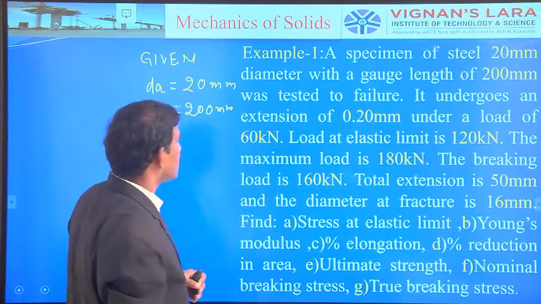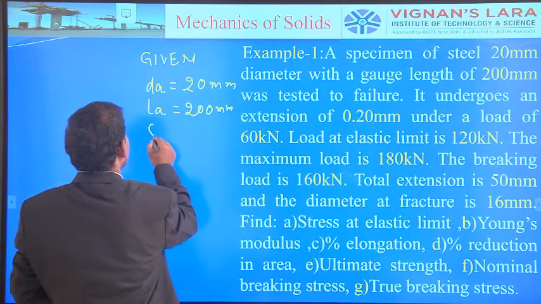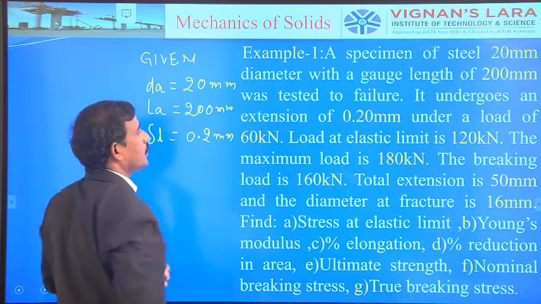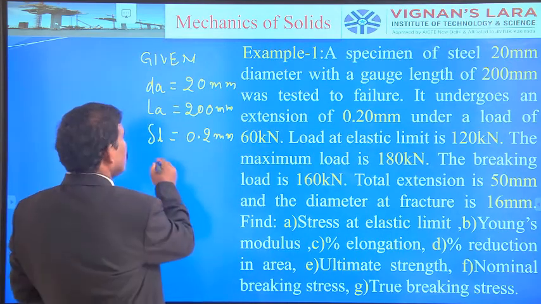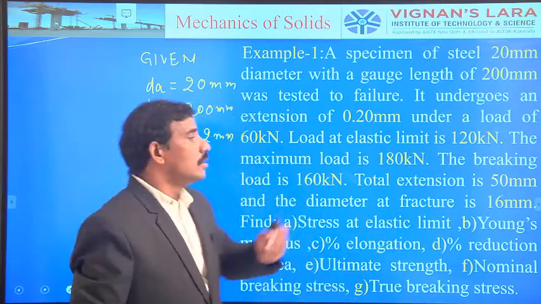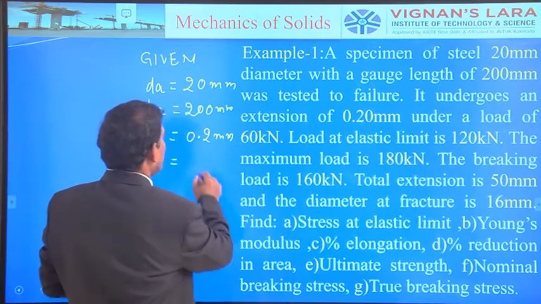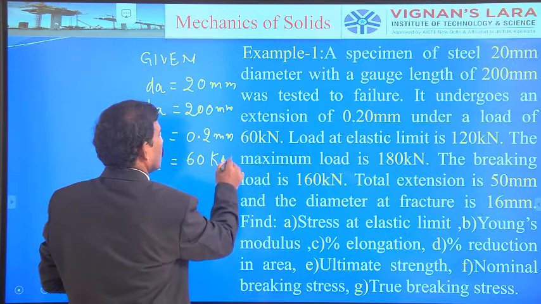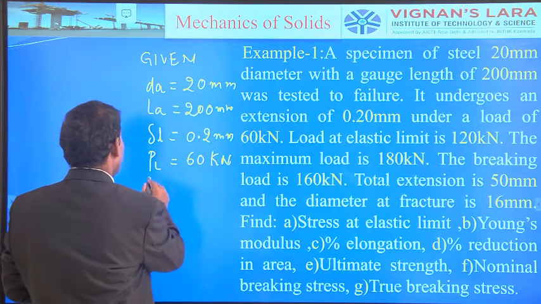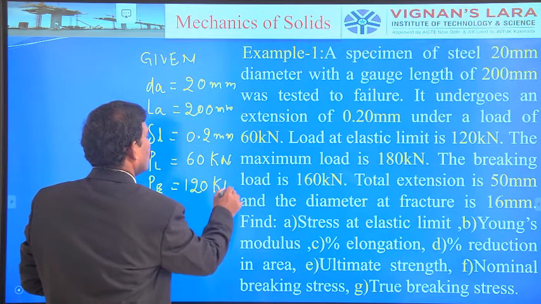Then it was tested to failure. It undergoes an extension of 0.2 mm, that is delta L equal to 0.2 mm. Keep it in mind. Then a load of 60 kilonewtons is the load at the limit of proportionality, say PL. Then the load at elastic limit, PE, is 120 kilonewtons.